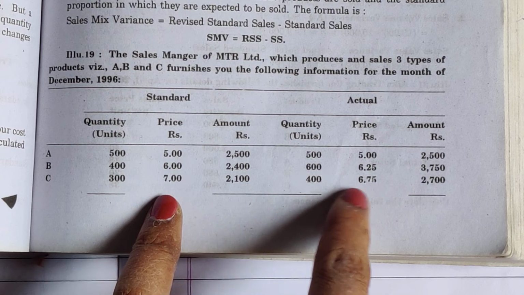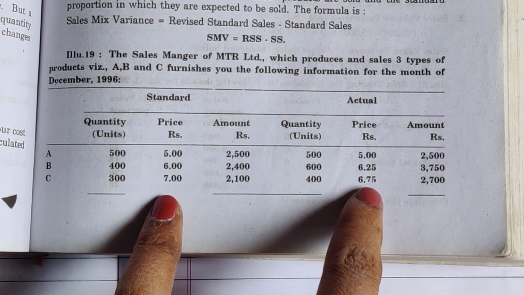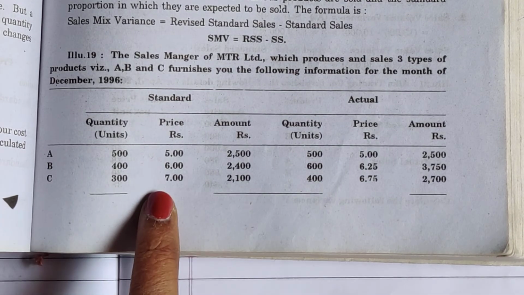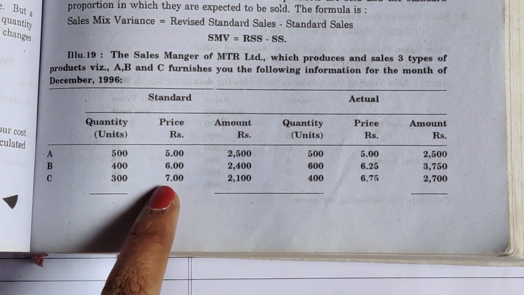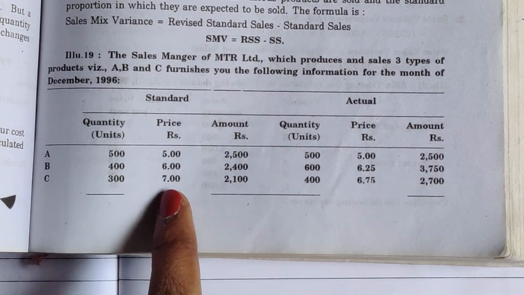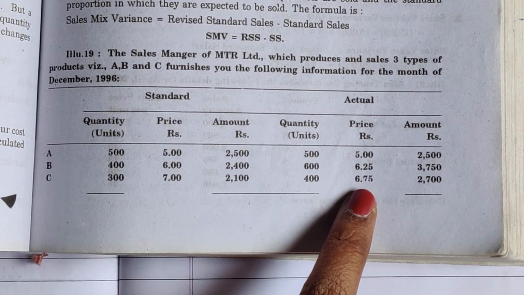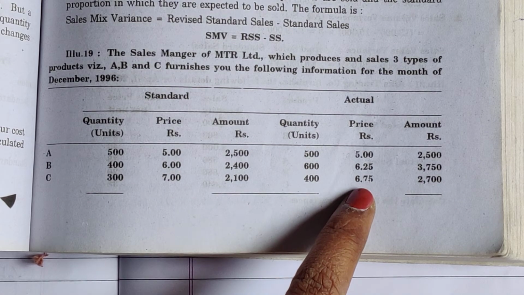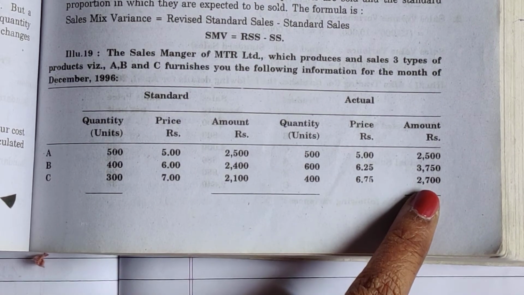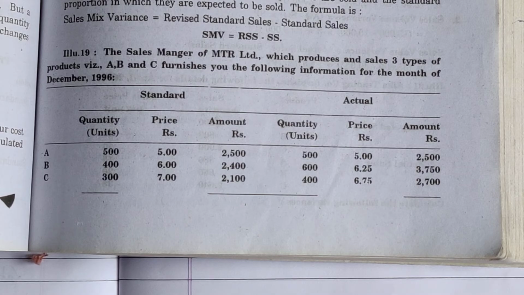And here we reduced the selling price by 0.25 pice. Budgeted selling price is 7 rupees and the actual selling price is 6 rupees 75 pice. Here we reduced the selling price, that's why we got this amount, 2700.